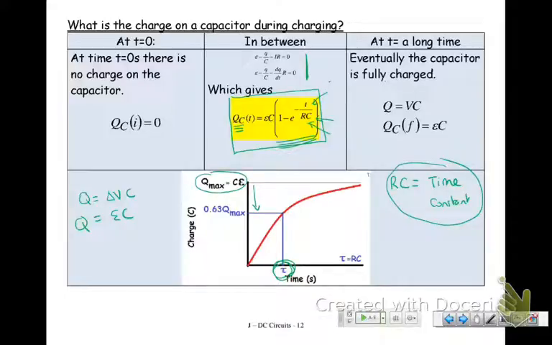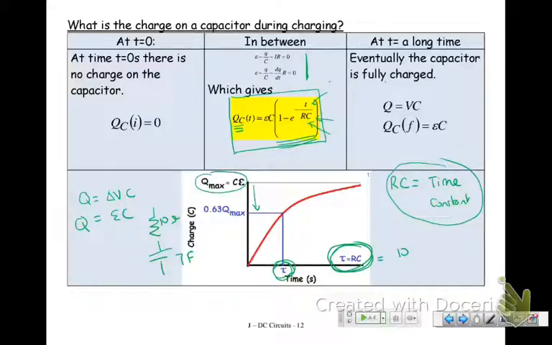So when I talk about long times and intermediate times, if I look at a circuit which has a resistance of 10 ohms and a capacitance of 7 farads, what's the time constant? What's the value? 70.